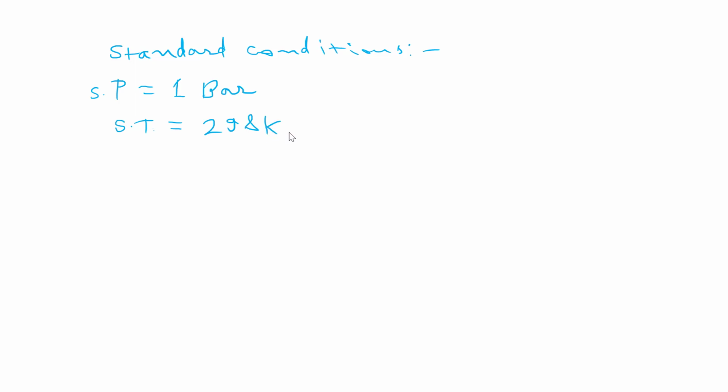Do remember. Otherwise the standard temperature can be any given temperature, but when we talk about the standard conditions of temperature and pressure, in SATP the standard ambient temperature is 298 Kelvin, and in STP the standard temperature is 273 Kelvin, 0 degree centigrade. So this is what we use in thermodynamics as standard condition.